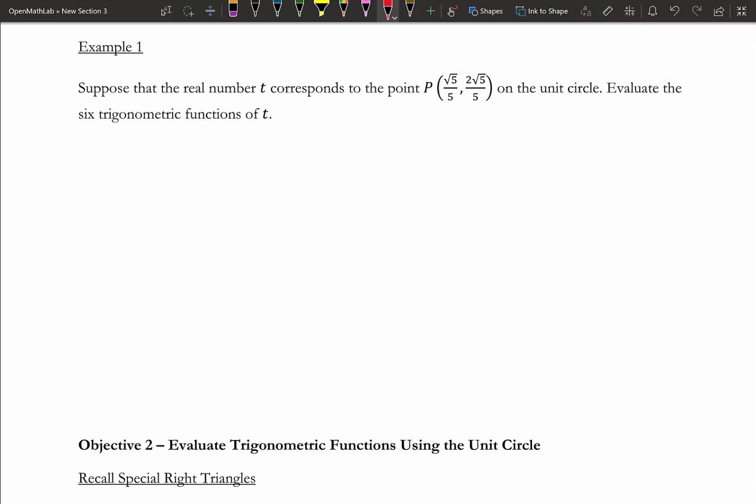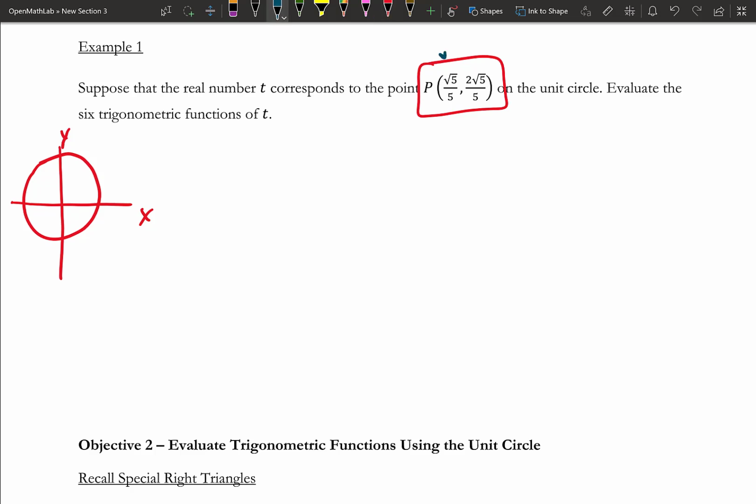So knowing that this is my point P, if I just draw an XY plane, draw my unit circle on here, then since this x coordinate is positive, and this y coordinate is also positive, I know my point P is going to be somewhere in the first quadrant. So I'll just draw a generic point here.